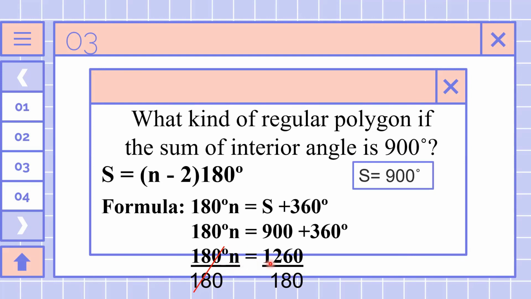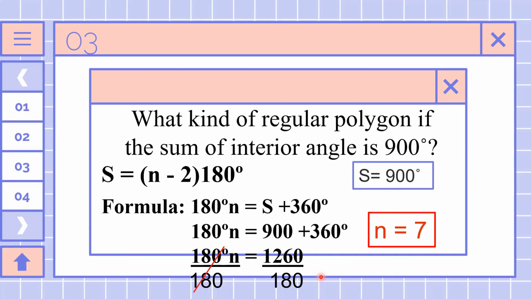So, karon 1,260 degrees divided by 180 degrees. Pila man? 7. Tama ba? Same ba mo? Ma'am, yes po, ma'am. Okay, let's try to see if tama ba. Very good. So 1,260 divided by 180 is equal to n is equal to 7. So pag 7 ang n, unsa siya nga regular polygon?